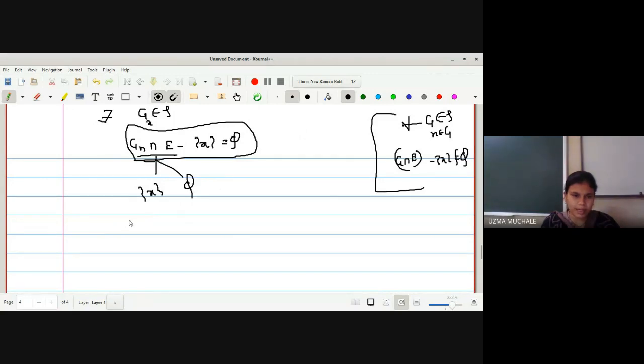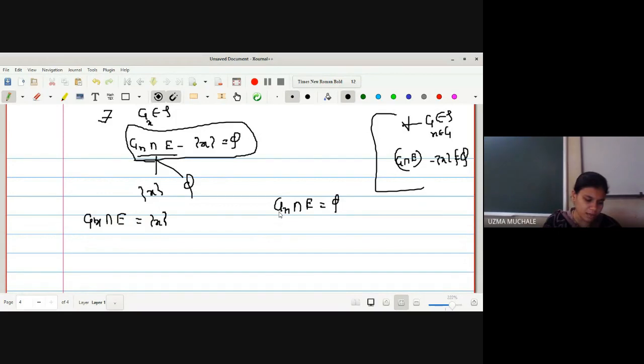So let me consider one of the conditions, either this or the other condition. So if I have the condition Gx intersection E is the empty set, or in another way we can have the condition Gx intersection E is singleton X. Okay, there are two conditions.